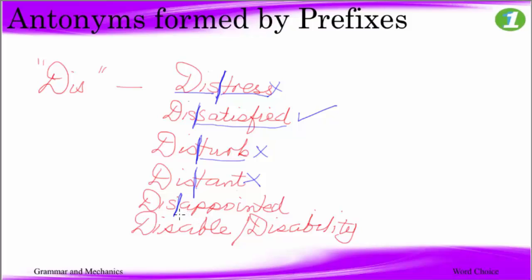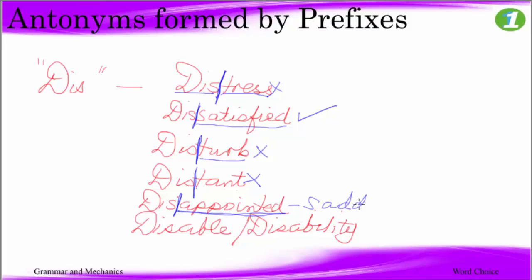Disappointed. Well, yes, there's such a word as appointed. But what does appointed mean? Appointed means to give somebody a role, a title, a task. But disappointed, as we know the word, means sad.